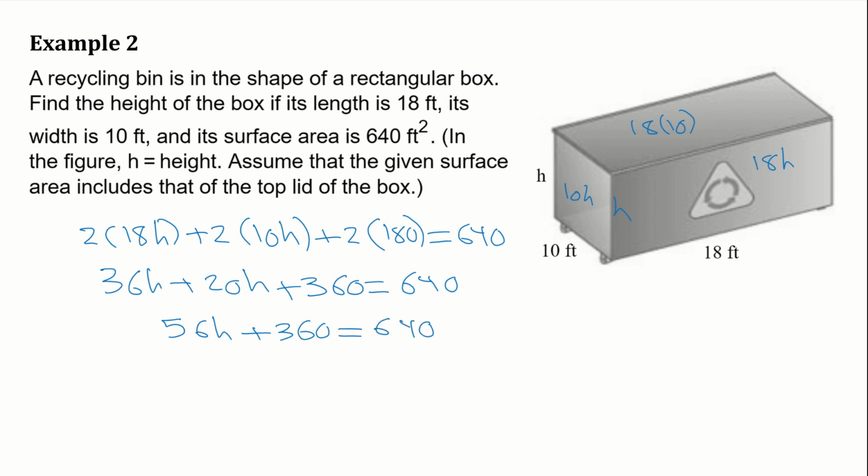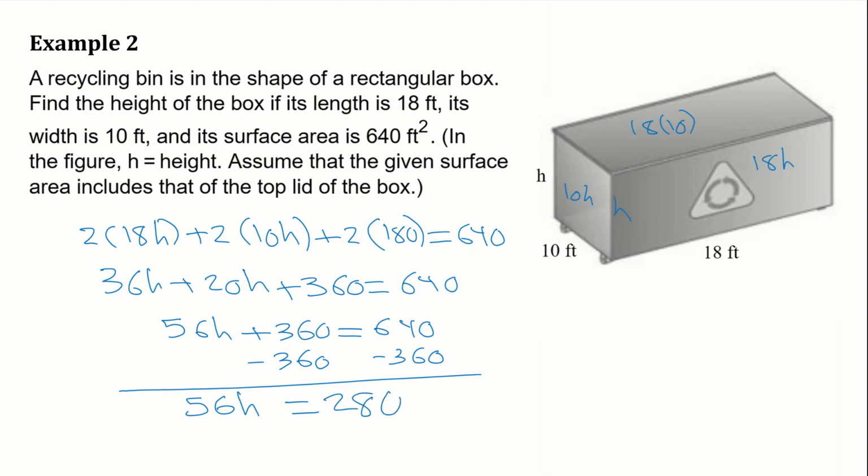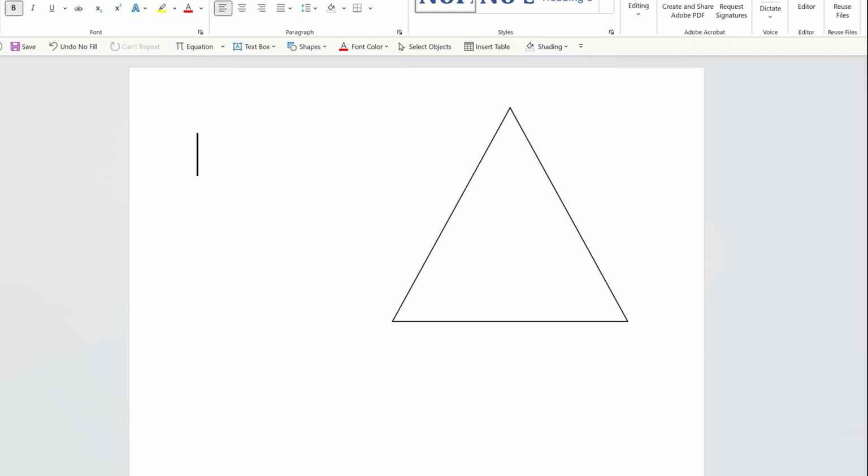Now we're going to isolate the h term by subtracting 360 from both sides. So we end up with 56h equals, we'll use some technology here, 640 minus 360. Sorry, that was a very loud motorcycle. All right, so we get 280. Now all we have to do is divide both sides by 56, not h.